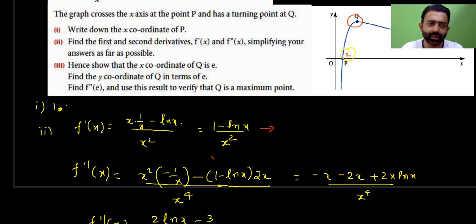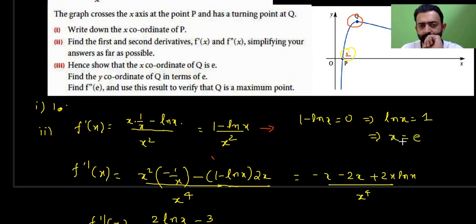So 1 minus ln x has to be put equal to 0. So 1 minus ln x is equal to 0. That means ln x is equal to 1. That says that x is equal to e.